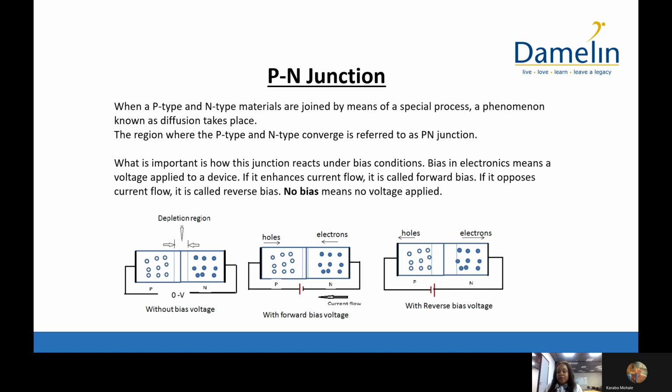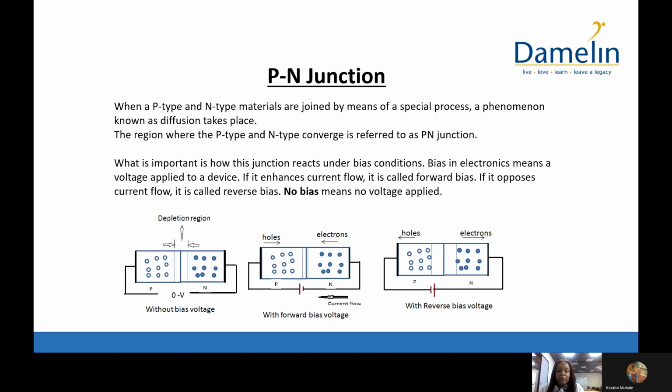On the second one, we are doing forward biasing. What that means is that we are putting the positive polarity of the power to the p-type material, and connecting the negative to the n-type material. Okay. So what happens is that the holes in the p-type are moving away from the positive charge coming from the power supply, because same charges repel each other.